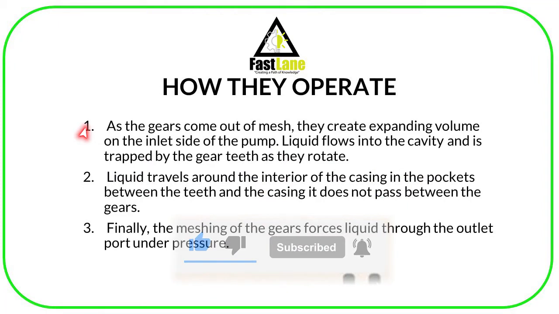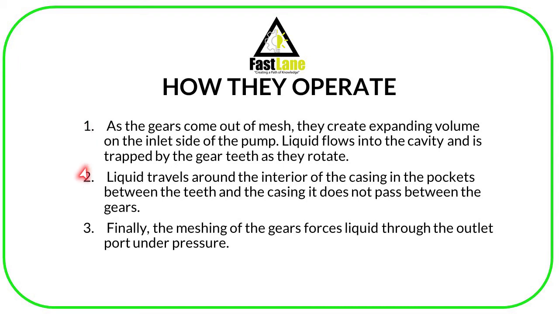As the gears come out of mesh, they create an expanding volume at the inlet side of the pump, leading to pressure drop below atmospheric value. The liquid is then forced to enter the pump by atmospheric pressure. The liquid travels around the interior of the casing in the pockets between the teeth and the casing.